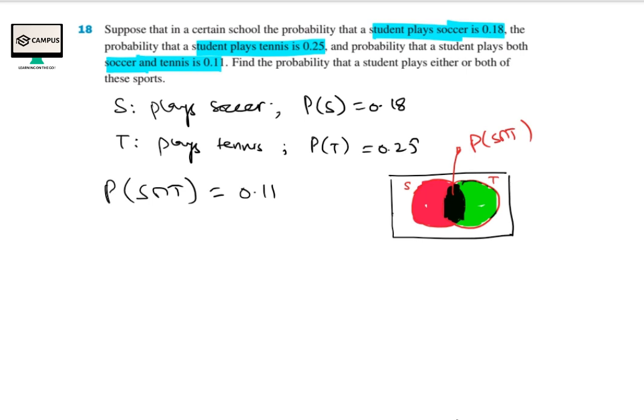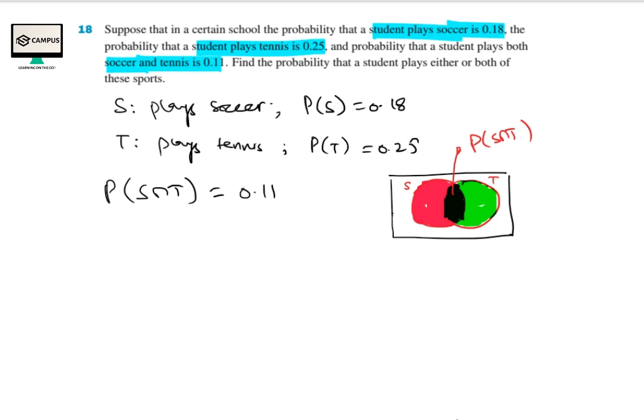And if we were to look at the overall union, which is basically what we need to find out, the probability that a student plays either or both of these sports, this black region is basically both of these sports, and the individual red and green give us information about either of these sports. That's basically the union.